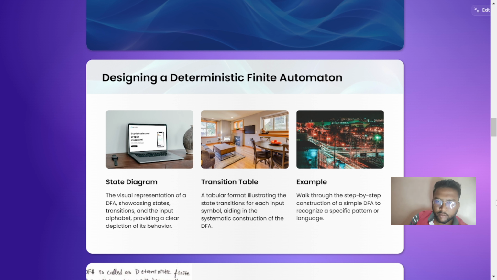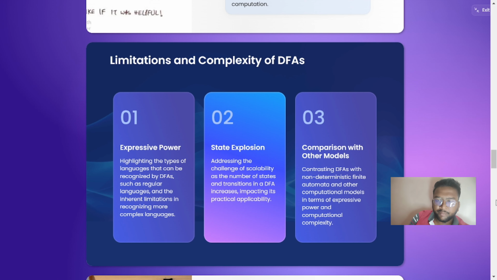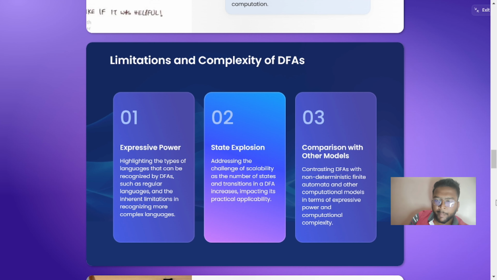The next limitation is state explosion, addressing the challenge of scalability. As the number of states and transitions in a DFA increases, it impacts its practical applicability. What happens is that when the DFA reaches a certain limit of its states and transitions, there is a scalability issue where the number of states and transitions are fixed.